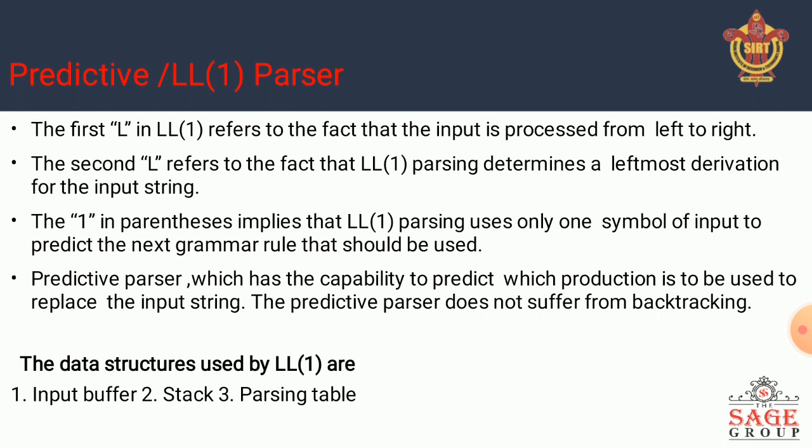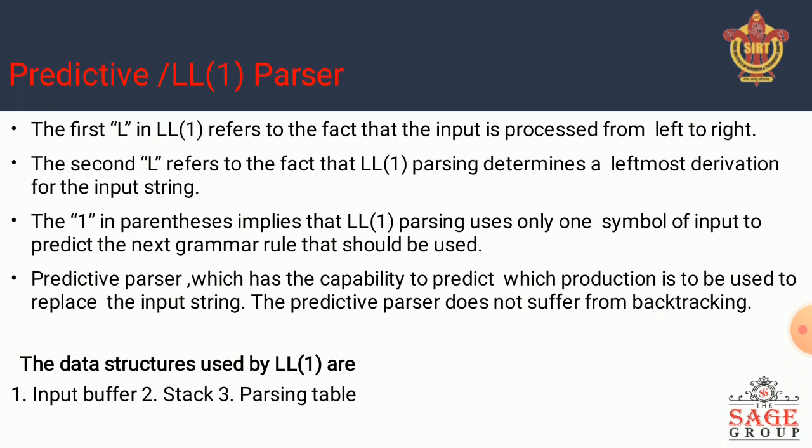As we know, high-level languages or any programming languages follow the English sentence reading rule, which is from left to right. The second L refers to the derivation technique we have used here. In the top-down parser, we are using a leftmost derivation, and the 1 in the parenthesis implies that the LL1 parsing uses only one symbol of input to predict the next grammar rule that should be used.